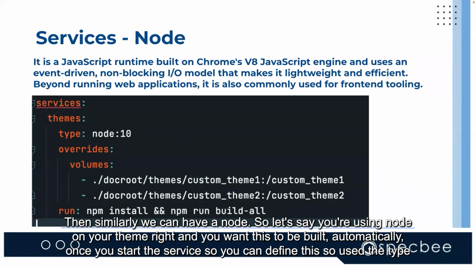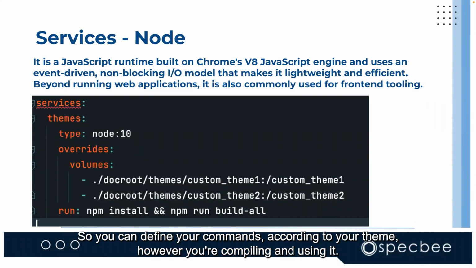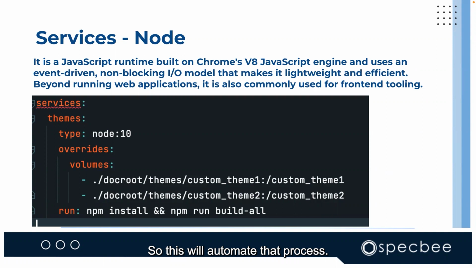So you can define this. So you see, you're saying type as node and then override, and you're defining where your themes are and which command to run after this node server is ready. So it's saying npm install and npm run build all. So you can define your commands according to your theme, however you're compiling and using it. So this will automate that process.